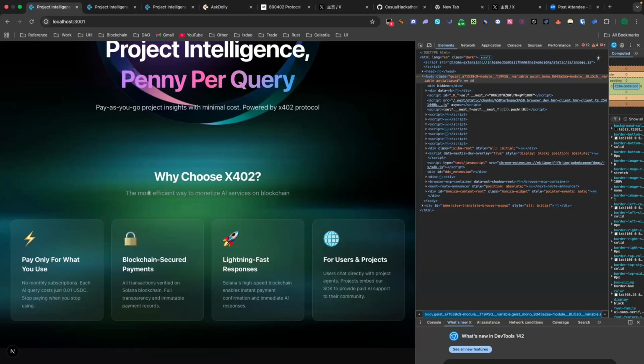But if some consultants want to fix bugs in their project, they can use this project. So it will be like those who pay for CZ's agents to get an answer, right? They don't need to pay as high as one BNB. Yeah, that's also a scenario.